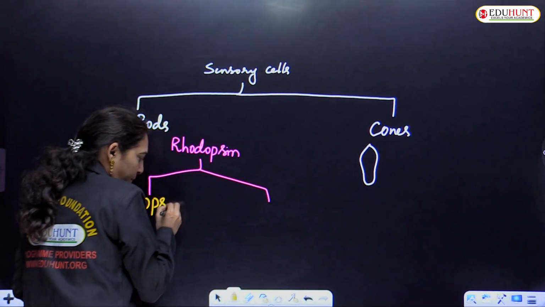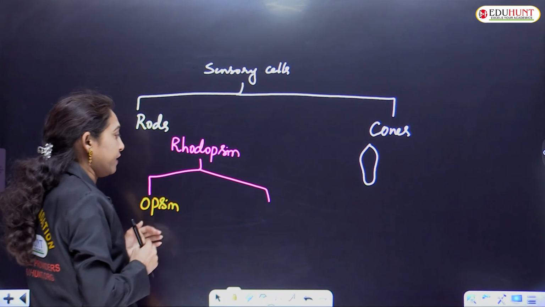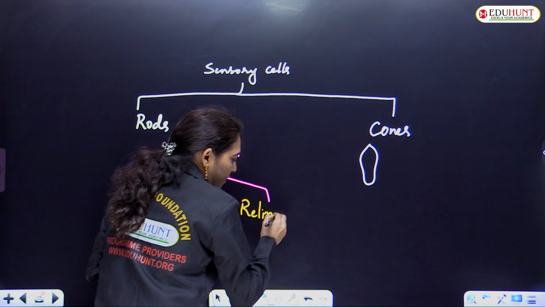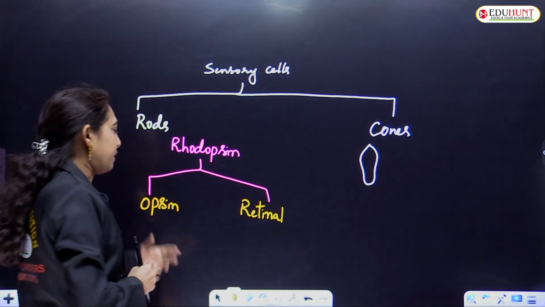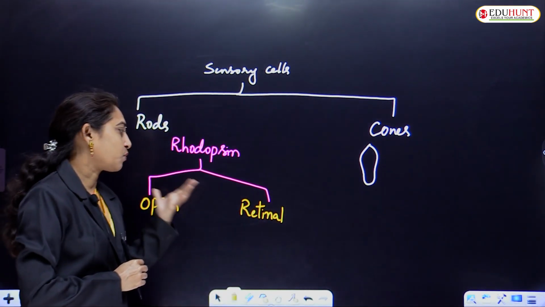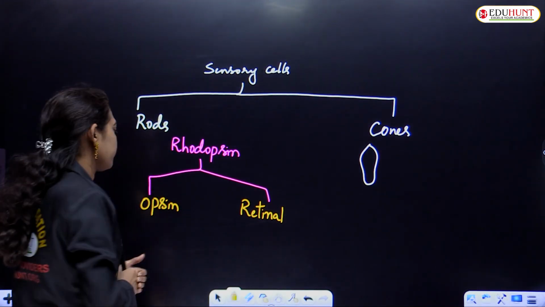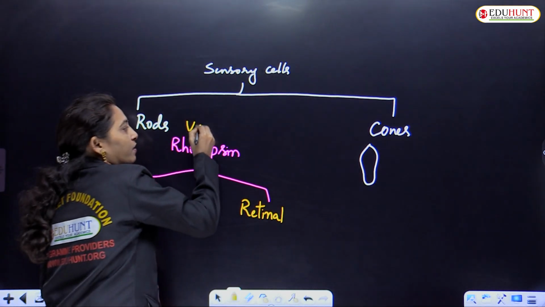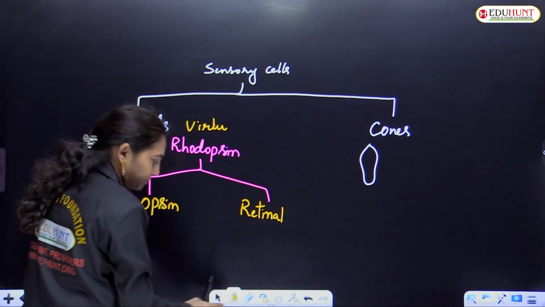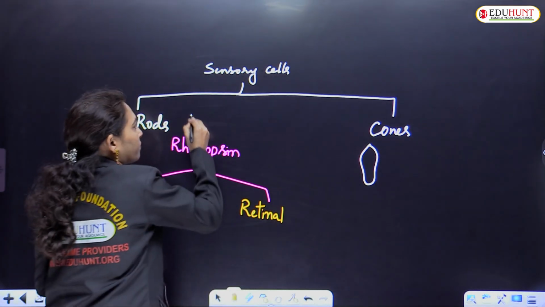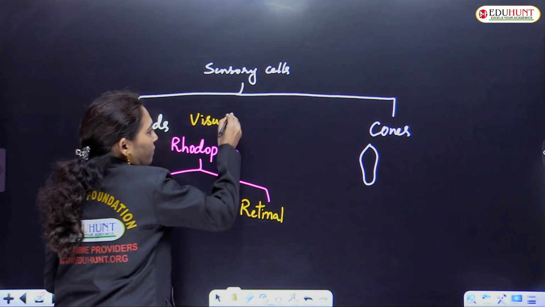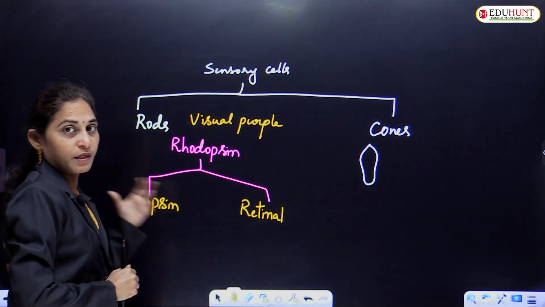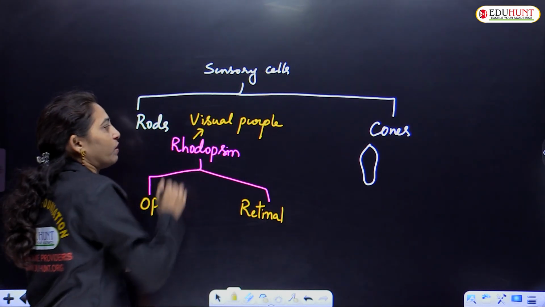The pigment rhodopsin is also called visual purple. Visual purple. This is called, rhodopsin is called visual purple.